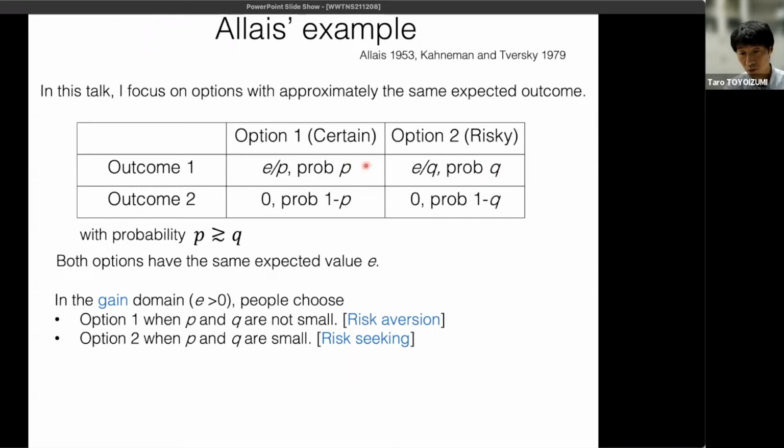If you scale them down with the same factor, people start to choose option 2, which is a more risk-seeking option. This is a violation of the expected utility theory. It says that if there is a gambling option, where you get a large outcome with a small probability, people tend to choose the gambling option.